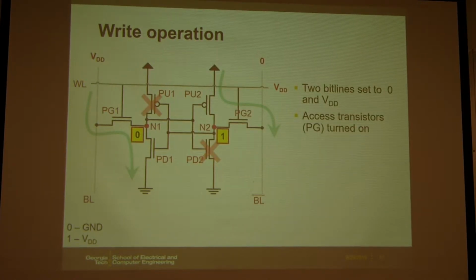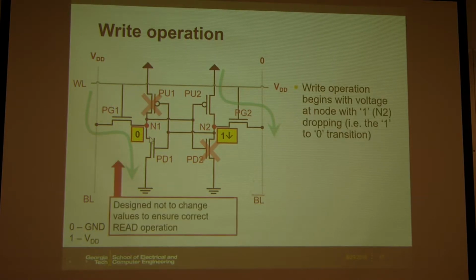Okay, so then let's go to the write operation. In the write operation, what you want to do is to flip the states. Let's assume that N1 initially is 0, N2 initially is 1. Now you want to flip this, so you want N1 to become 1 and N2 to become 0.